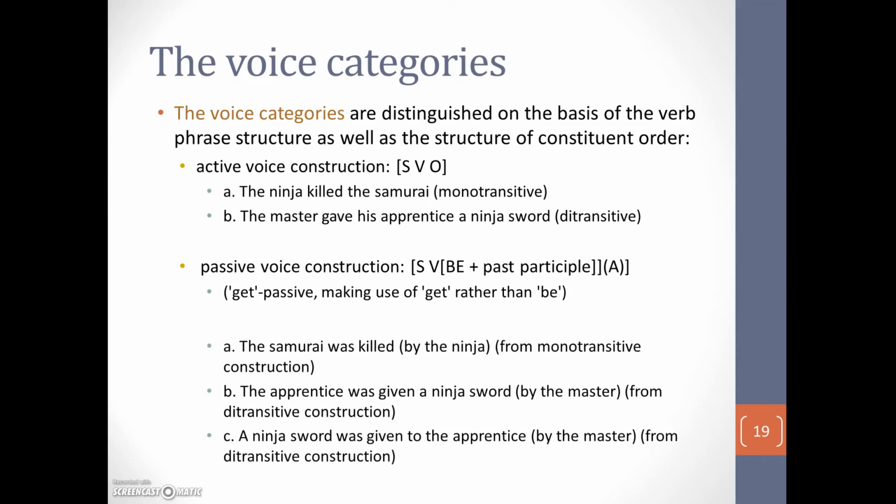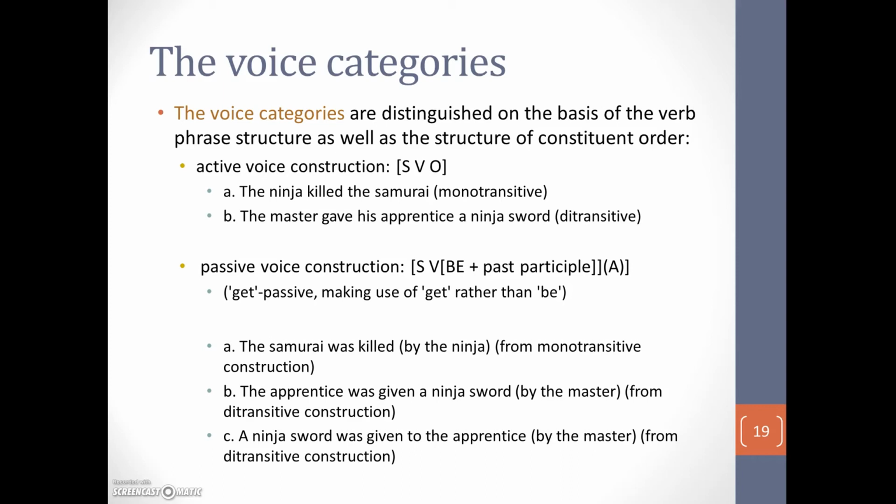Here we have some examples. The first one, A, is the same sentence as A above, and we have the monotransitive construction here. So if you want to passivize the ninja killed the samurai, it becomes the samurai was killed, and then we have in brackets here by the ninja. This in brackets is optional. You could just say the samurai was killed. For the second one with the ditransitive verb, we actually have two different versions of the passive.